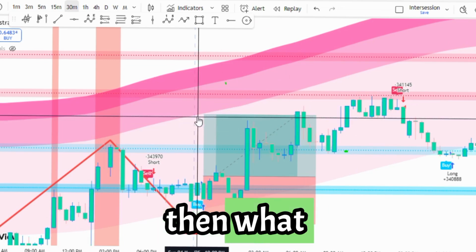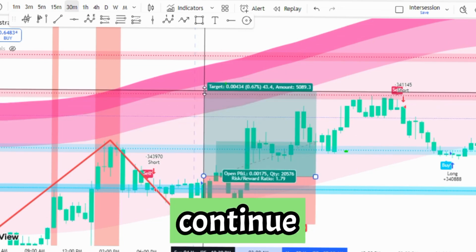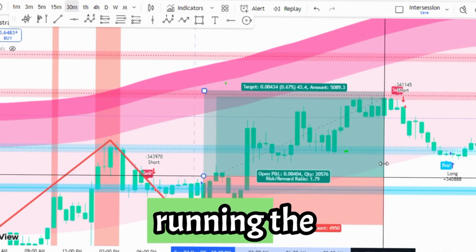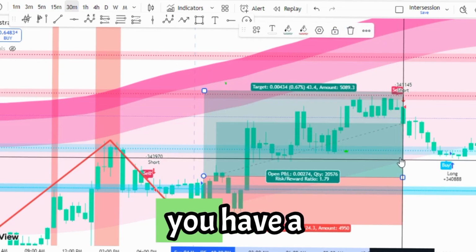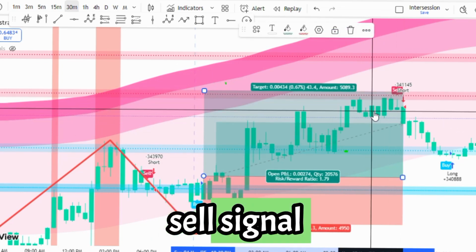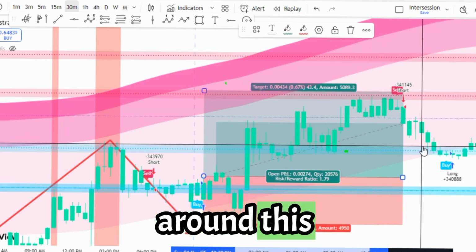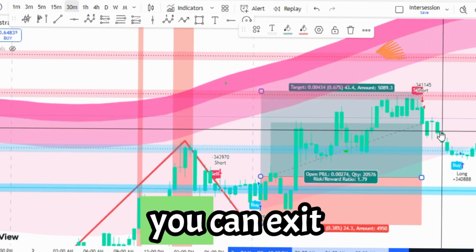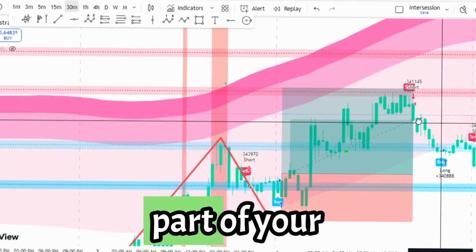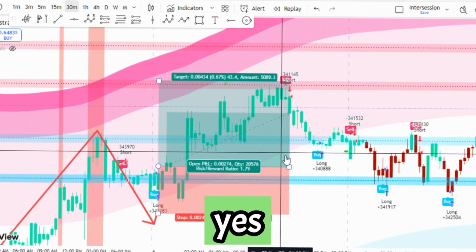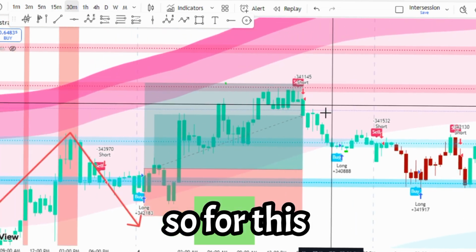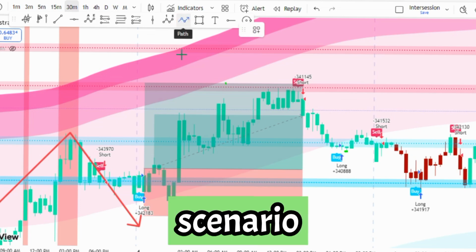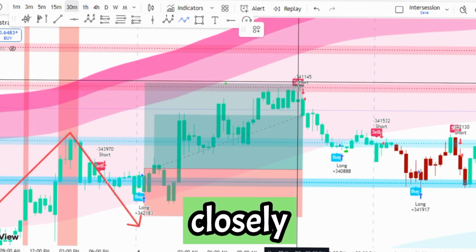Then what you do is continue riding the market until you have a sell signal, which was around this point again. Then you exit. You can exit part of your position. So for this scenario, let's take a look at it closely.